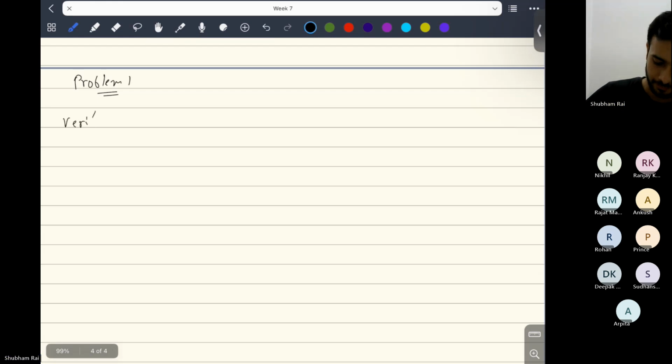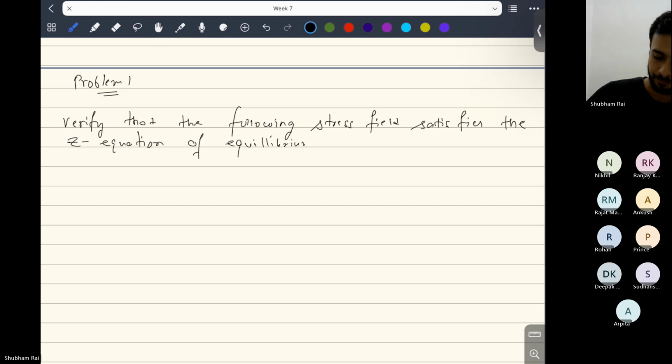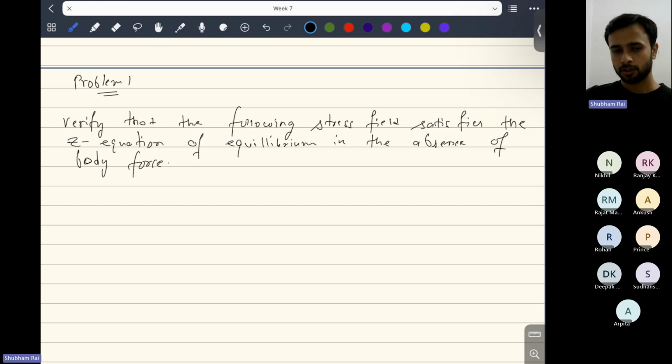You have to verify that the following stress field satisfies the Z equation of equilibrium in the absence of body force.